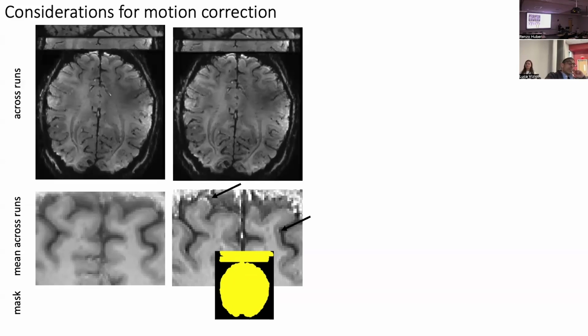And these different intensities in the outermost slices are not really tissue intensity differences. So the motion correction estimation algorithm tries to align these borders that are not real brain borders, but just acquisition borders. So if you look closely, you can see that the brain is still moving up and down a bit.